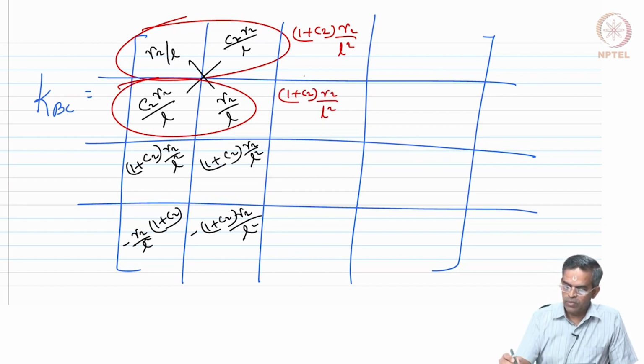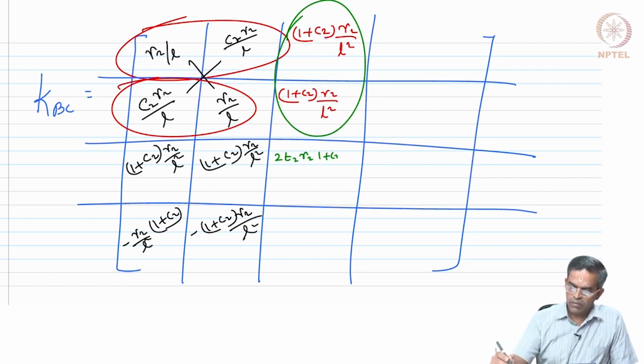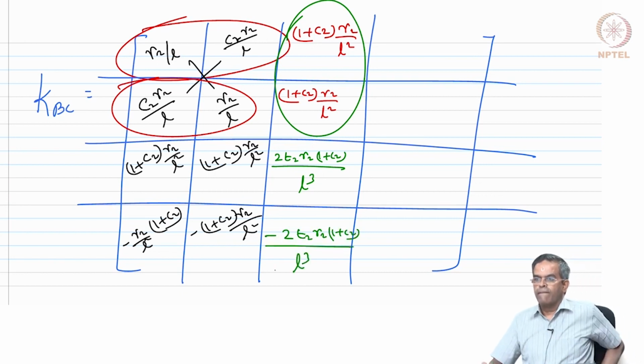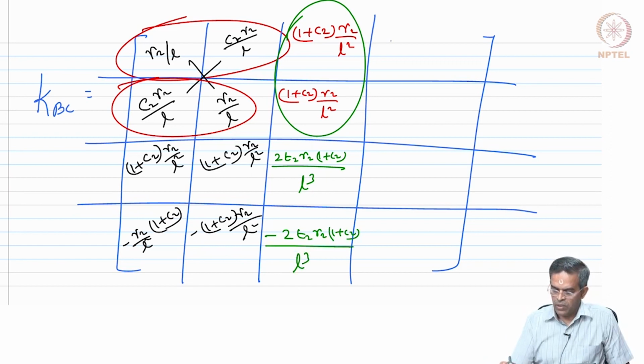Then sum of these two by L, then sum of these two by L again. So, 2T2 R2 1 plus C2 by L cube, minus of 2T2 R2 1 plus C2 by L cube.